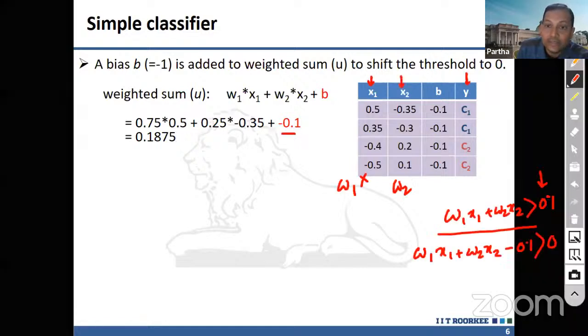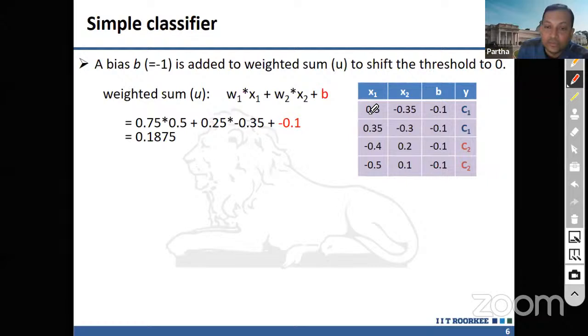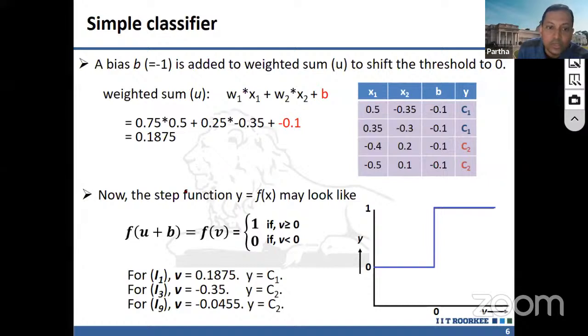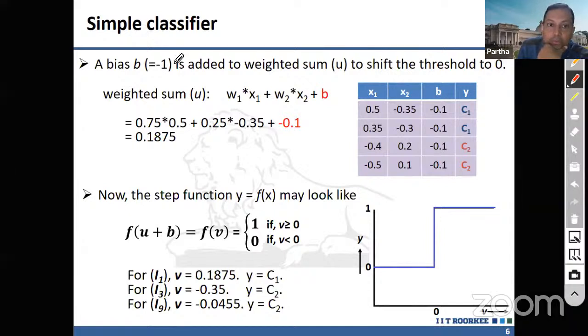So instead of checking whether w1 x1 plus w2 x2 is greater than minus 0.1, I check whether w1 x1 plus w2 x2 minus 0.1 is greater than or equal to 0. It is the same thing, I'm just adding the minus 0.1.